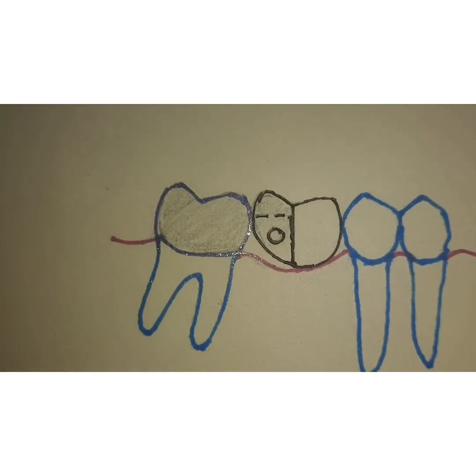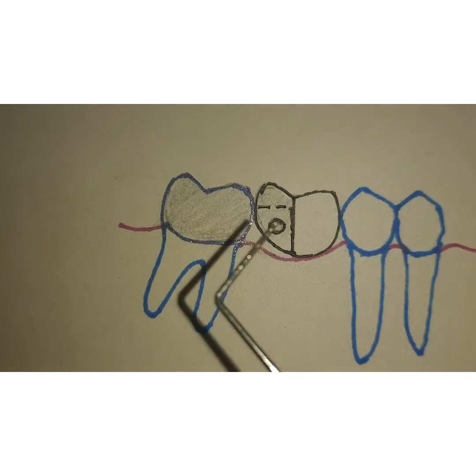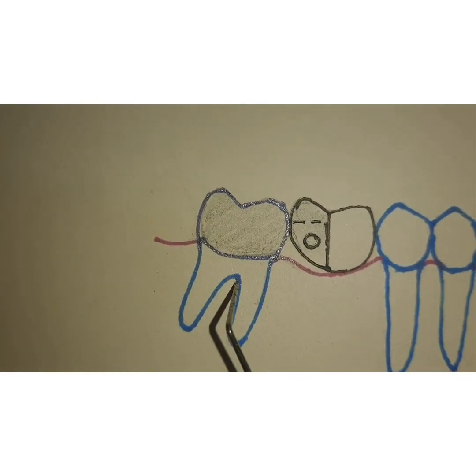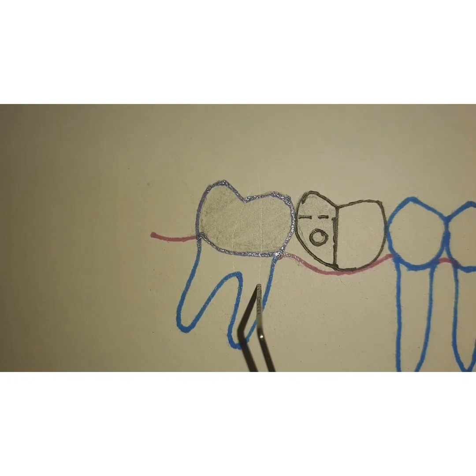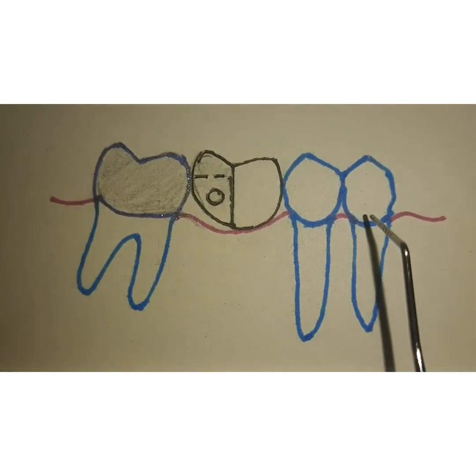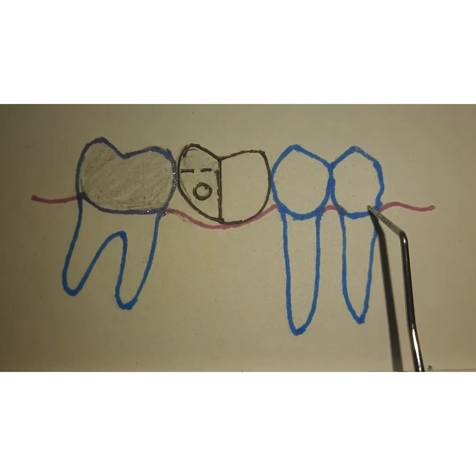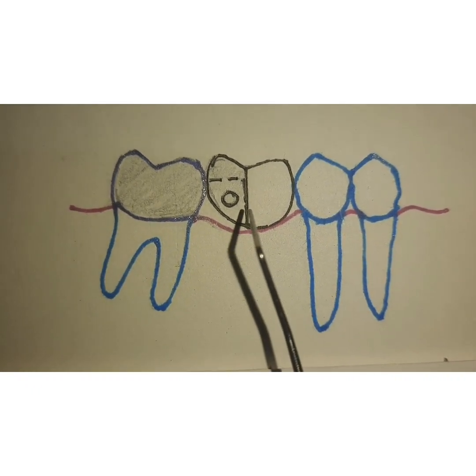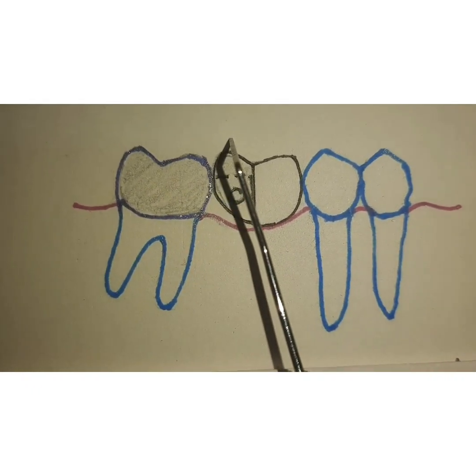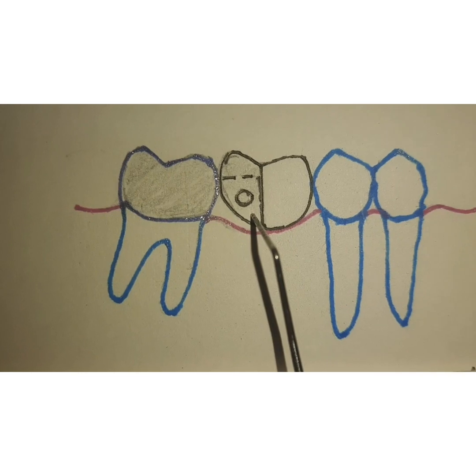So first the distal retainer and wing assembly is cemented. First thing we have to do is cement this part, and then we are going to cement the retainer pontic component like this. Care has to be taken that the holes should be precisely meeting each other.